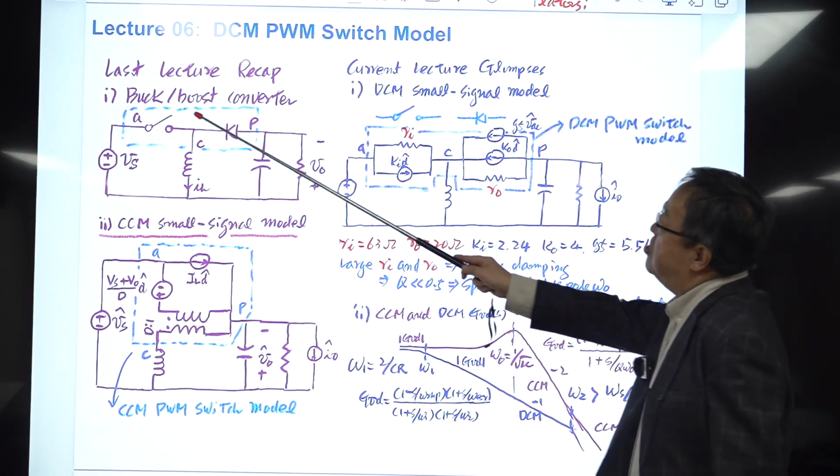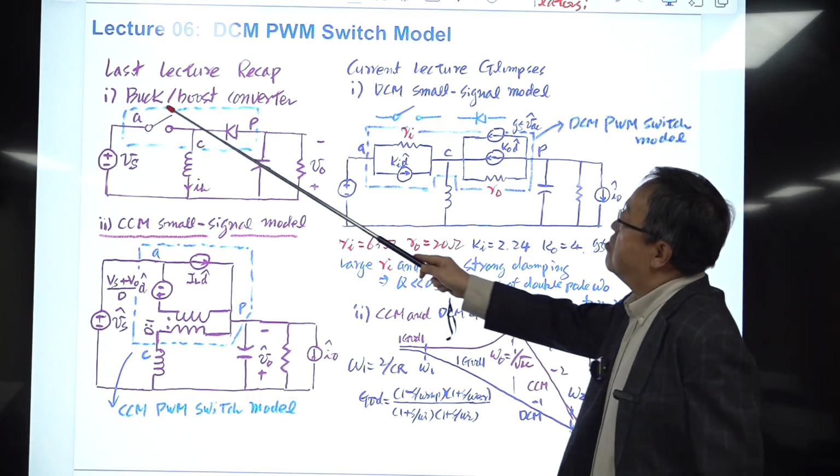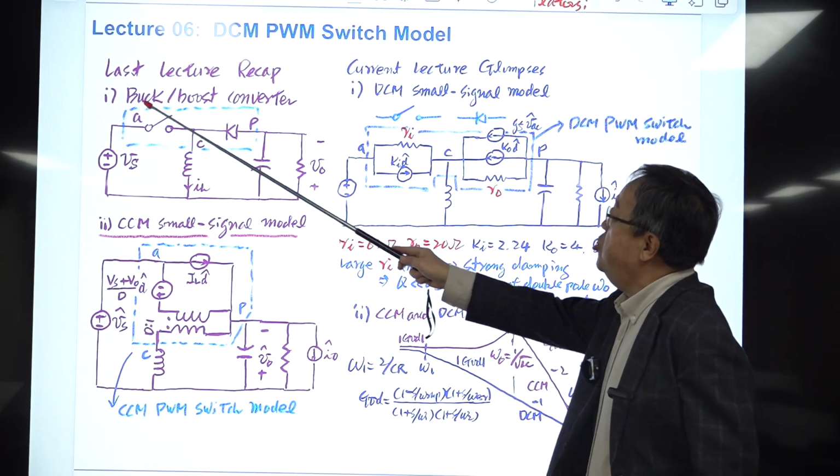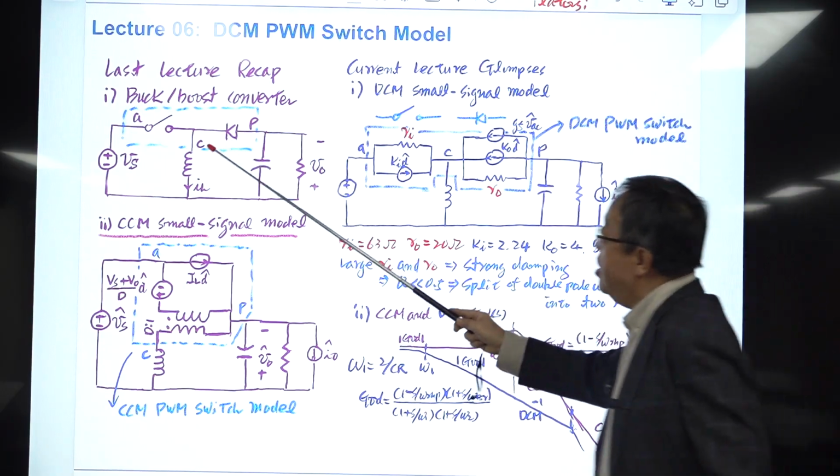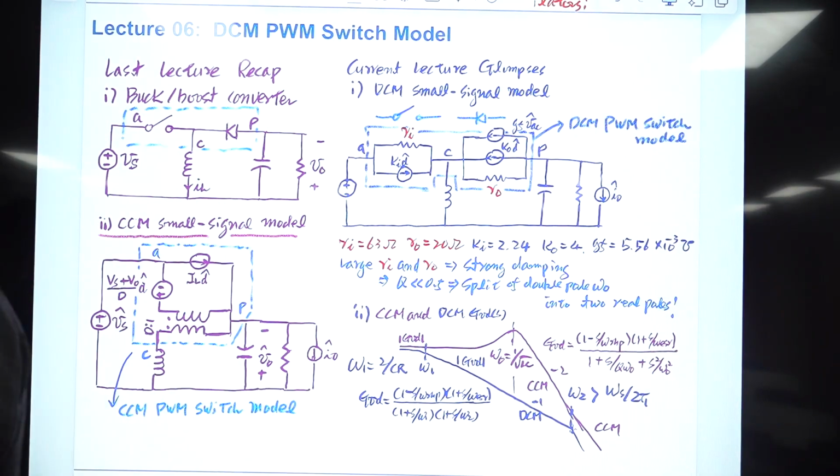So for example, this is the buck boost converter. This is called the PWM switch, and this is the active terminal, this is the passive terminal, and this is the common terminal connected to the capacitor. The voltage between the active and passive terminals is denoted as VAP.